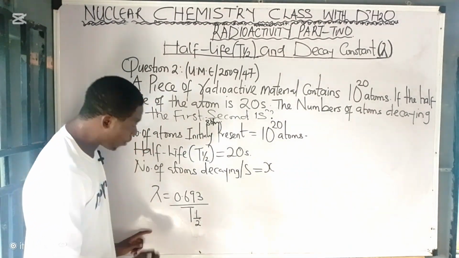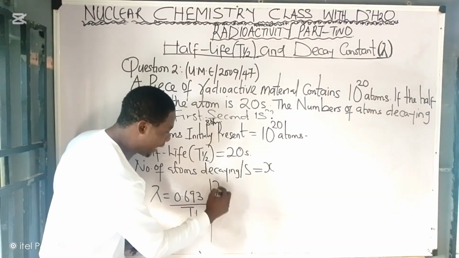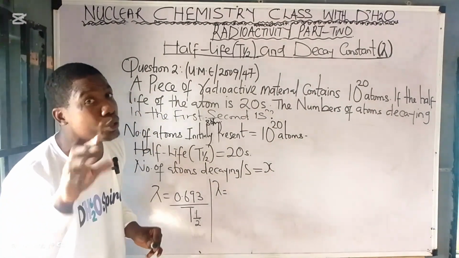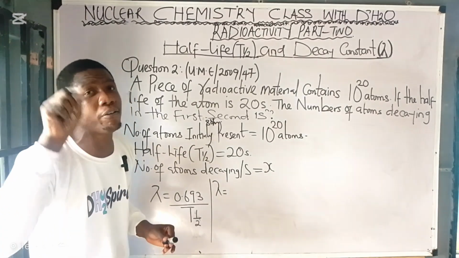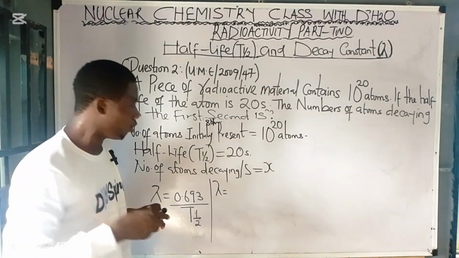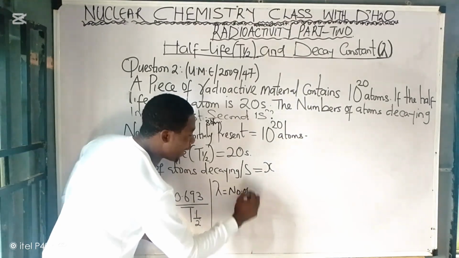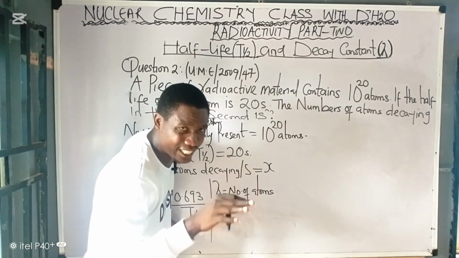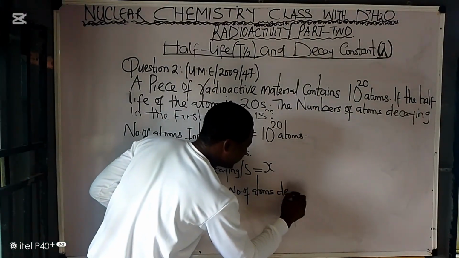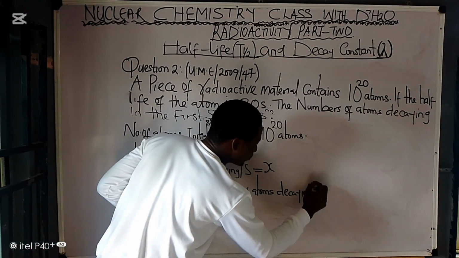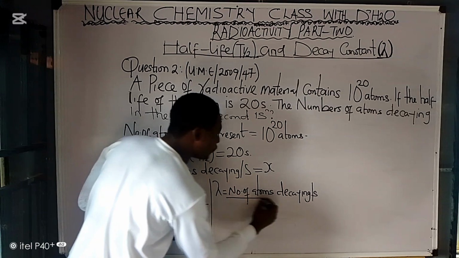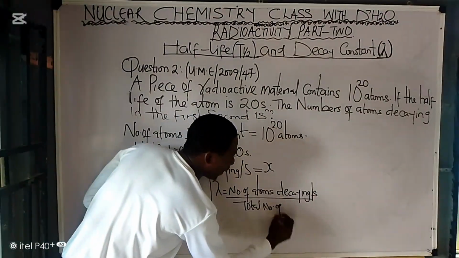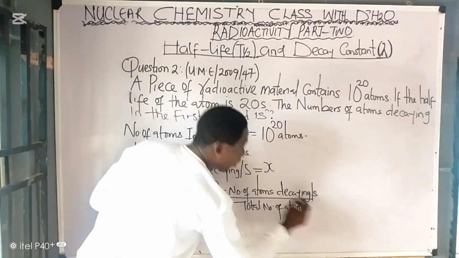Number two, decay constant is number of atoms decaying per second, which is what we are looking for, over total number of atoms originally present. Don't forget.